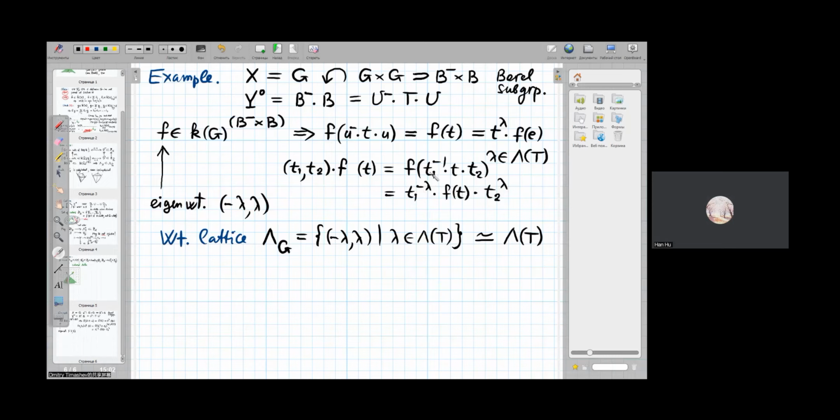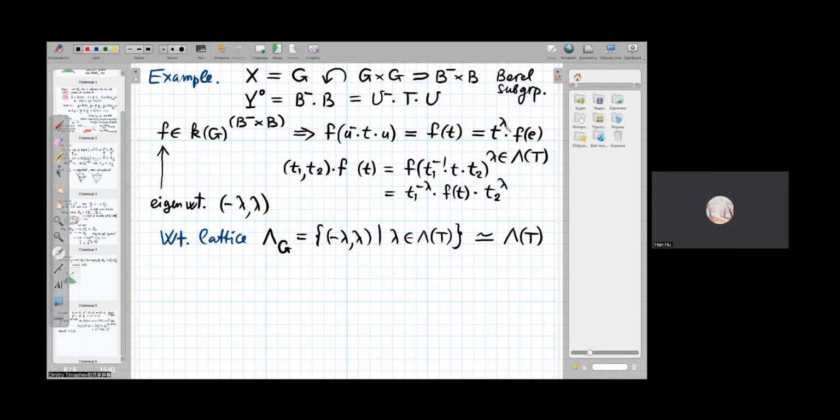So the action of t1 is by left multiplication, and we act by left multiplication with t1 inverse. But the action of t2 is by right multiplication. When you act by right multiplication, you already have to take inverse, and here you have to take inverse to inverse. So you multiply by t2 itself. So this formula is correct, I mean the above line, the second equality. Yes, this line, yes.